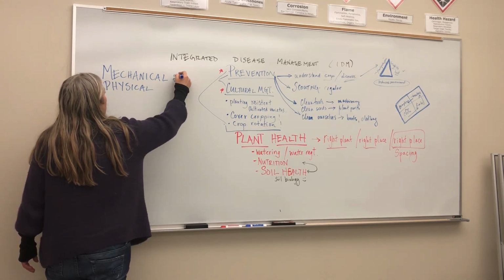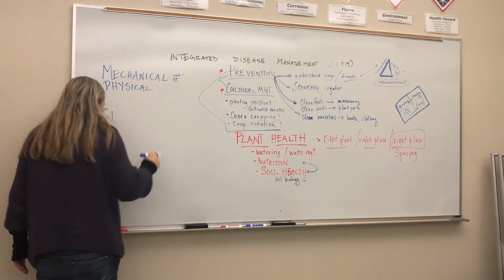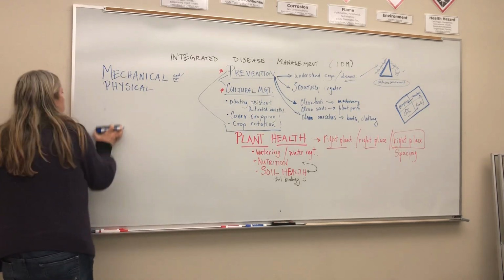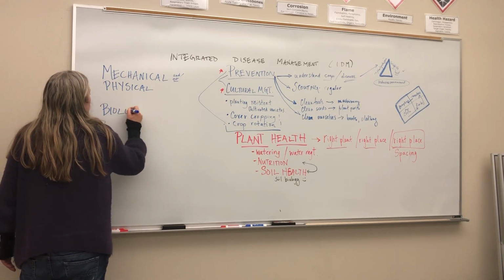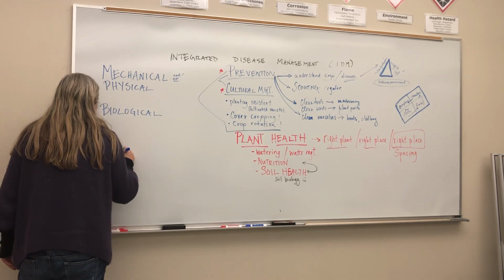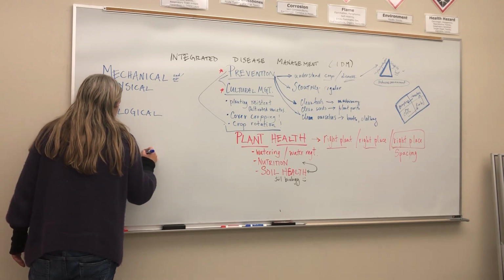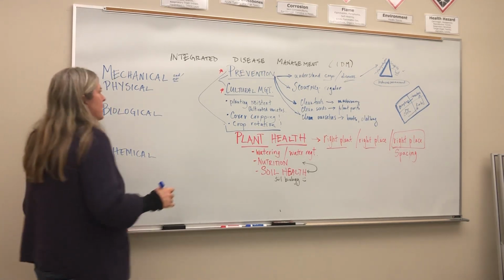That might be an and/or. And then lastly is, oh no, I'm sorry, it's not last. Next is biological. And lastly is chemical. All right. So these are kind of our steps.